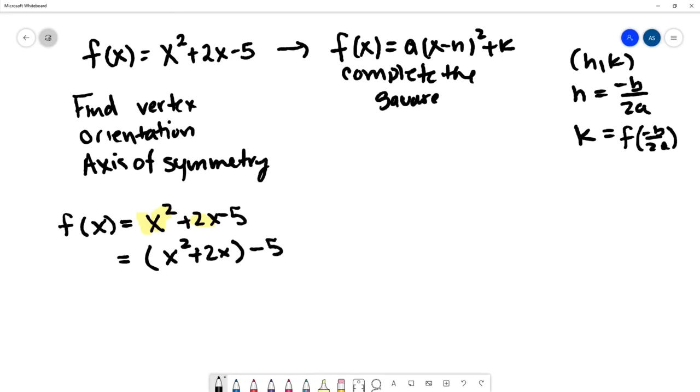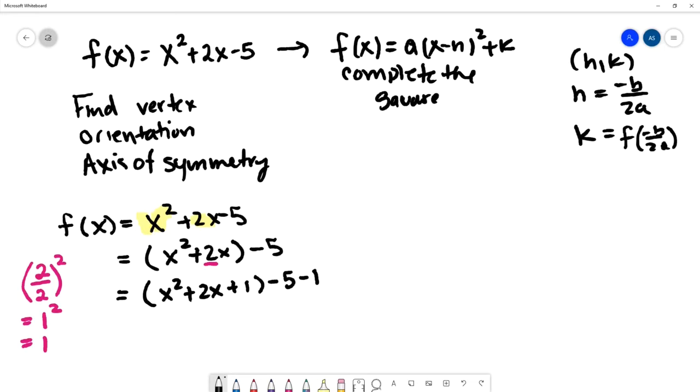And if you do have a coefficient, you're only going to factor it out of the x terms. So then you take your coefficient of the x, divide it by 2 and square it. 2 divided by 2 is 1. 1 squared is 1. We call this our magic number. We're going to add that magic number in the parentheses. And I also need to subtract it so that my equation stays balanced.